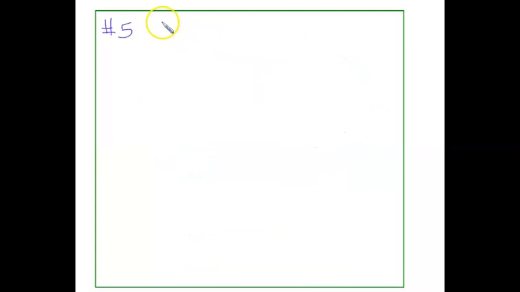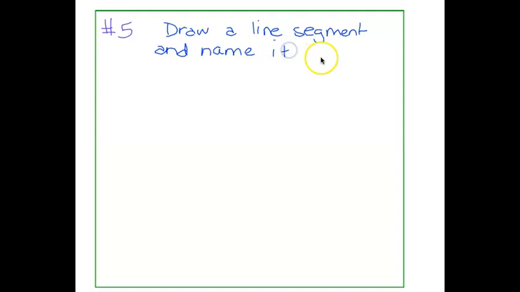Okay, for problem number 5, I want you to draw a line segment and name it ST. And then in the same square, I want you to also draw a line.